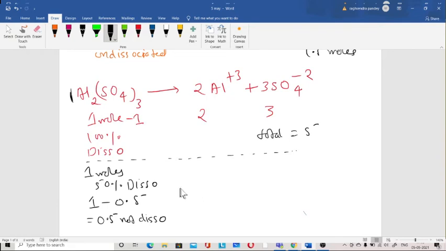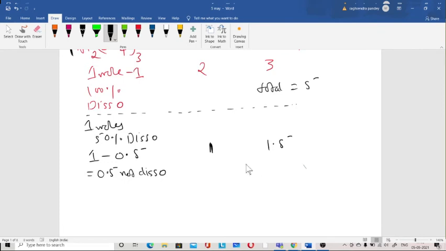Now 0.5 will give how much aluminium ion? 1 is giving 2, so 0.5 will give 1 of aluminium ion and 1.5 of sulfate ion. Any question? No, sir. So what are the total moles here? The 0.5 which has not dissociated plus 1 and 1.5, so that will be equal to 2 moles.